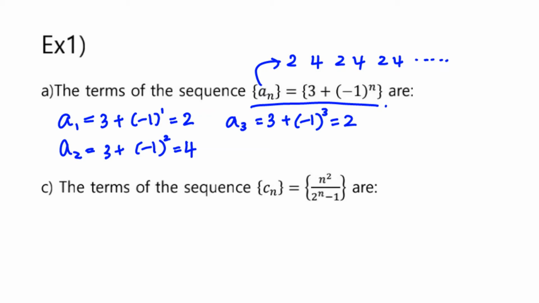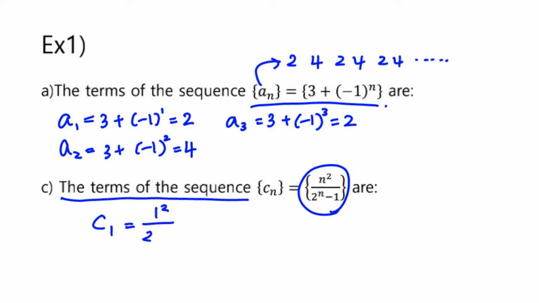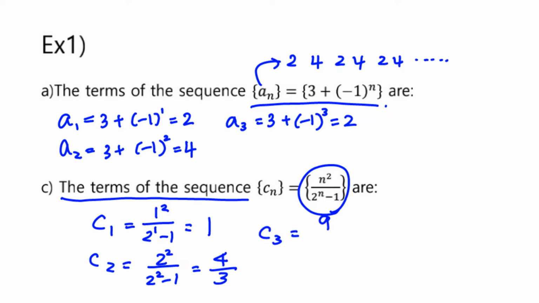Okay, C, I'm going to skip B. The terms of the sequence c_n look like this. So let's plug in the numbers. c1 is 1 squared over 2 to the first power minus 1, so that is 1. c2 is 2 squared over 2 squared minus 1, so that is 4 over 3. c3 is 3 squared over 2 cubed minus 1, so that's 9 over 7.